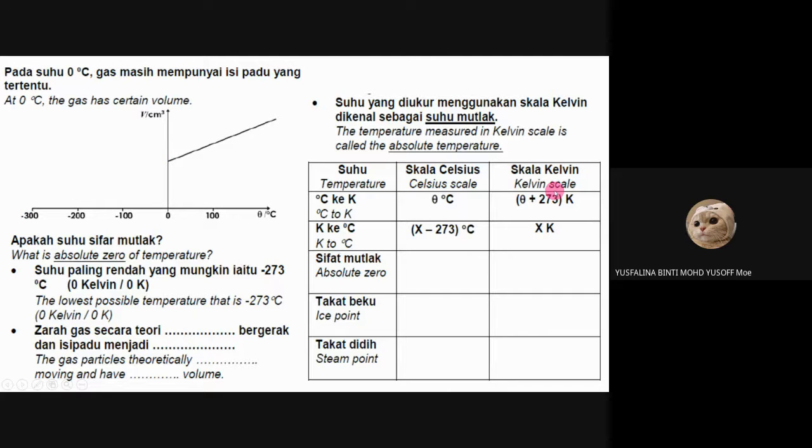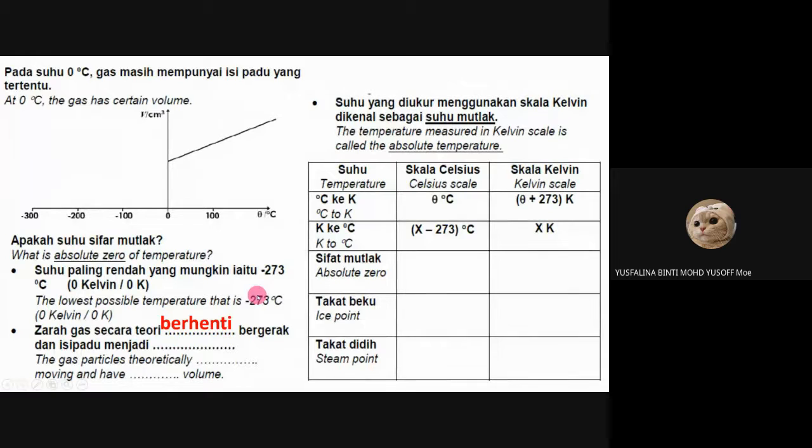So what is the absolute zero of temperature? This is the lowest possible temperature, that is negative 273 degrees Celsius. If you change to Kelvin, you add 273, so negative 273 plus 273 gives 0 Kelvin.